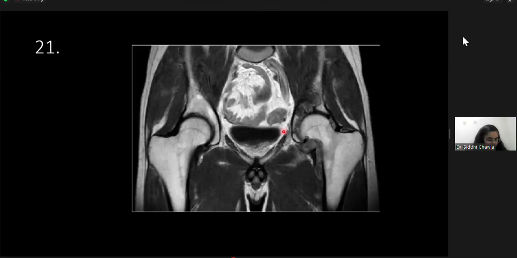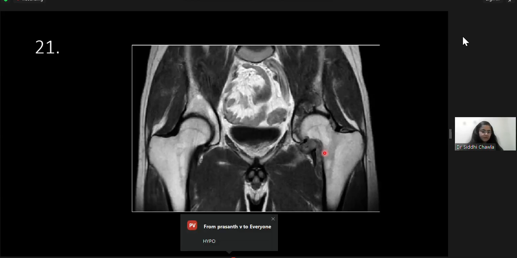So yes, somebody has told it right that this is synovial thickening in the left acetabulum. But what is the intensity of the synovial thickening? It is hypointense, right?